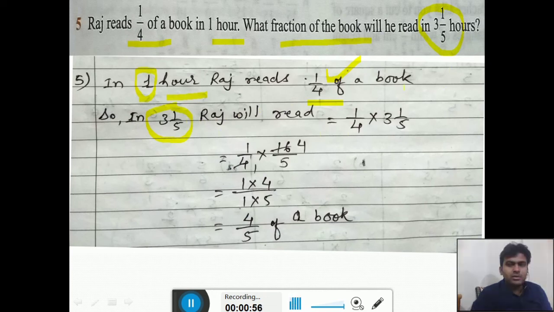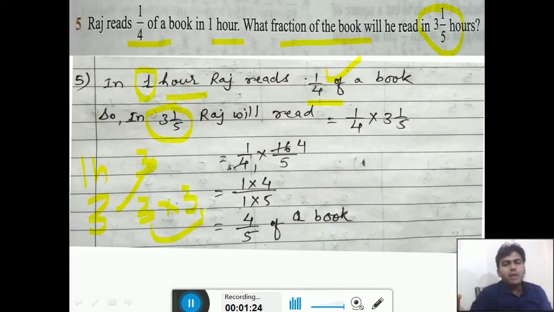Let's suppose in 1 hour he is reading 3 books. So in 3 hours how many books will he read? For that, what do we have to do? We have to multiply 3 with 3. If in 1 hour he is reading 3 books, in 3 hours how many books will he read? 9. Why? 3 into 3 is equal to 9.